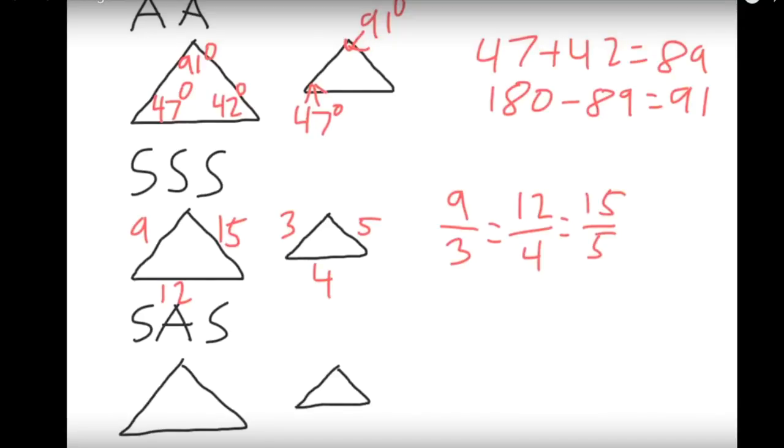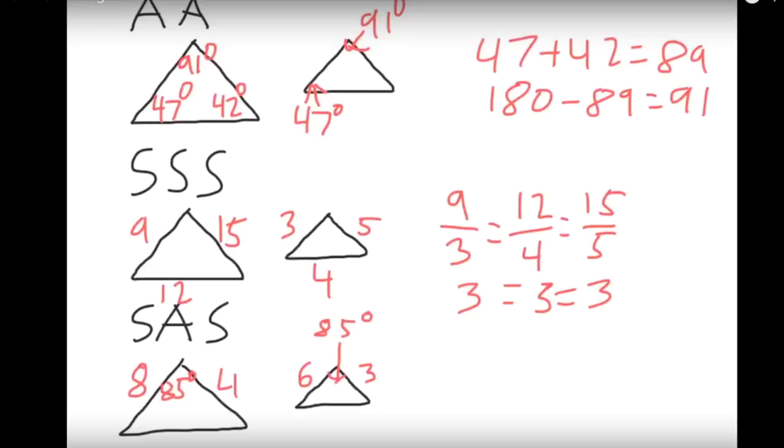Now we need to reduce these, and if all three of these end up having the same ratio, then they are similar. So 9 divided by 3 is 3, 12 divided by 4 is 3, and 15 divided by 5 is 3. So 3 equals 3 equals 3. If all those numbers equal each other, then they are proportional, and they are similar by side, side, side.